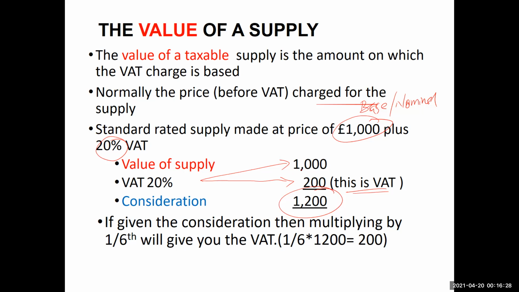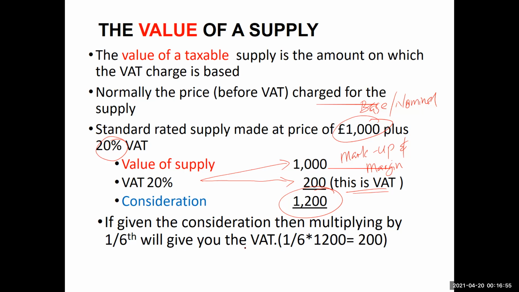Now, if you are given the consideration here, remember your prior knowledge on markup and margin. If you want to find the VAT component, simply remember how to convert your markup to margin.